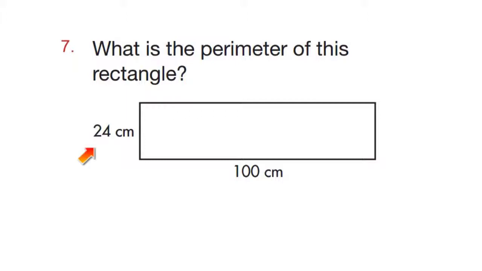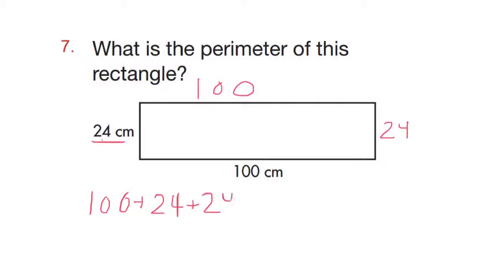So for this, we have to take all the sides and add them up. At first, it may look like there are just two numbers. However, since this is 100 centimeters, that means this right here is also 100 centimeters. And since this is 24 right here, it's 24 over here. So, we have to add all four sides.